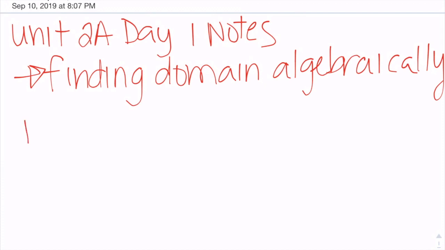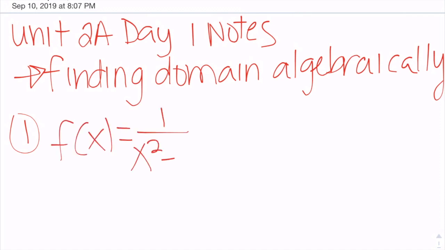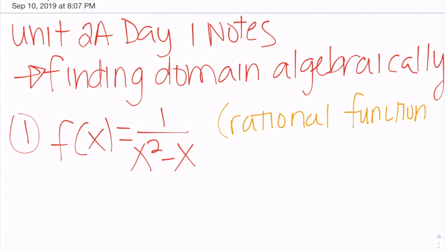So example 1, if I give you f of x equals 1 over x squared minus x. Now we want to note that this here is what we call a rational function. And so with a rational function, we have our denominator and it creates a fraction.